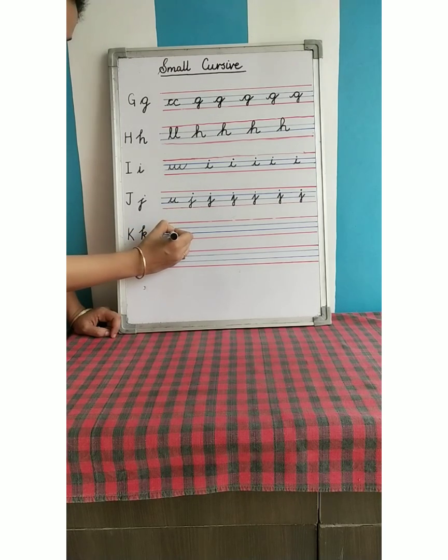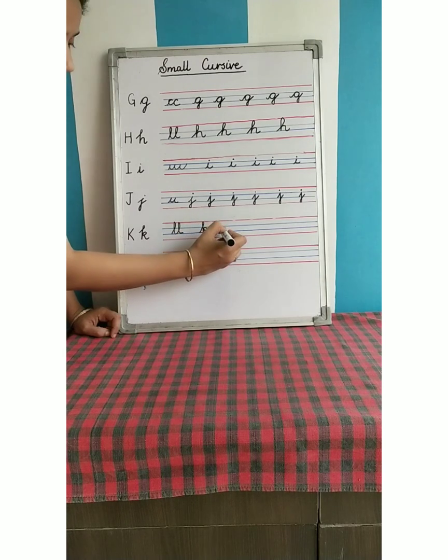Now K is also a little difficult. It has many patterns, but the basic pattern is the pattern used for L and H. So first we will draw the pattern, extend it, form a circle and then a slanting line.